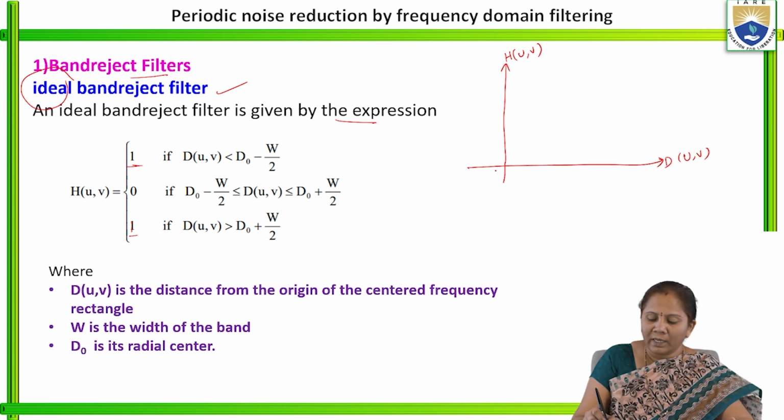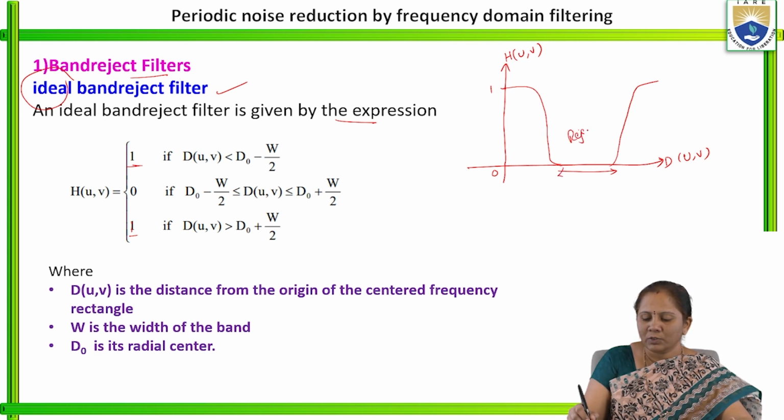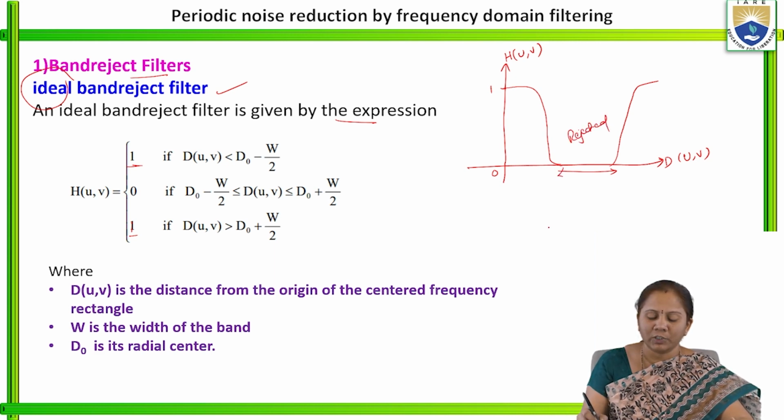Considering the amplitude as 0 and this as 1, the band reject filter will be represented like this. These are the band of frequencies that will be rejected.